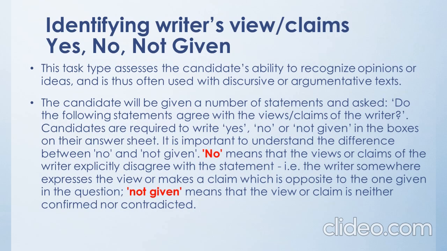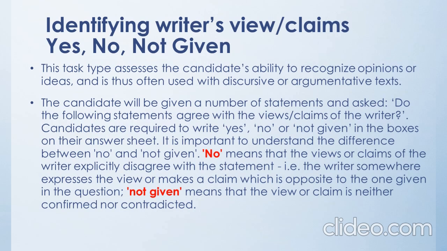Again, it is important to understand the difference between no and not given. No means the views or claims of the writer explicitly disagree with the statement. So you need to have clear proof that the statement contradicts the text. For example, the writer somewhere expresses a view or makes a claim which is opposite to the one given in the question.